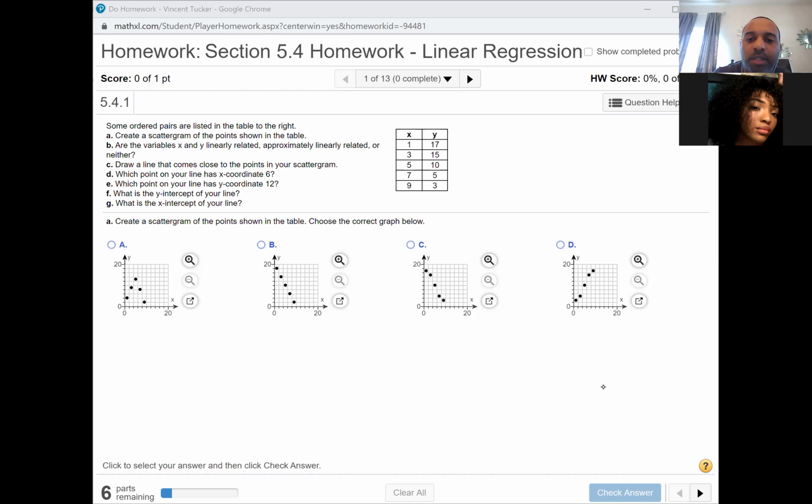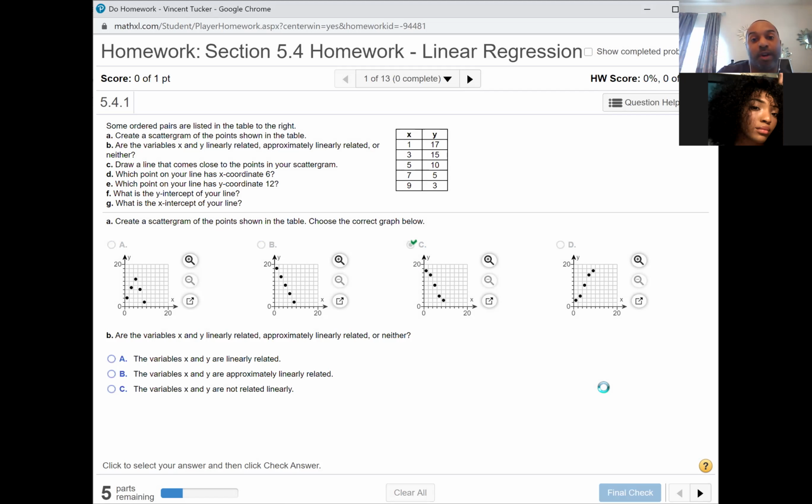So it will have to be C. That's the only one that fits 117. That's my first point. None of the other ones fit that. It's not like they're making you graph all points. Really, all you have to do is make sure the first couple of them match, and you're okay.